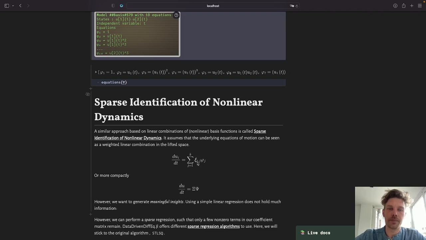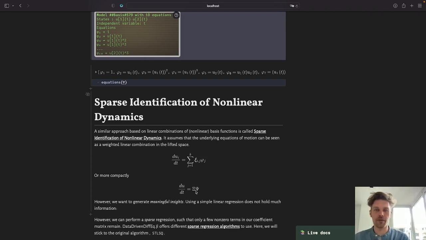So this is a linear basis expansion, right? This gives us a nice linear regression problem, but of course we want to have insight, and insight means not some Taylor series, but a sparse system. So we want the fewest possible terms inside that coefficient matrix to be non-zero.